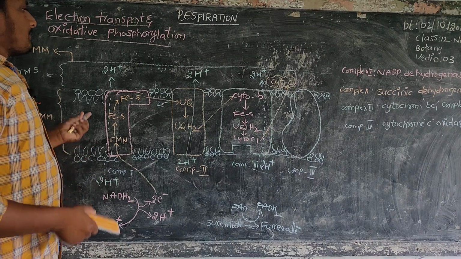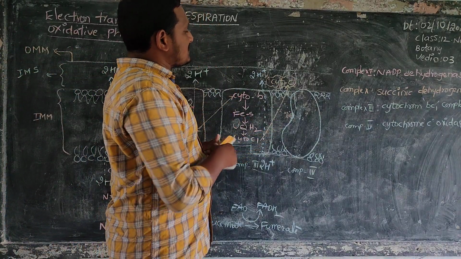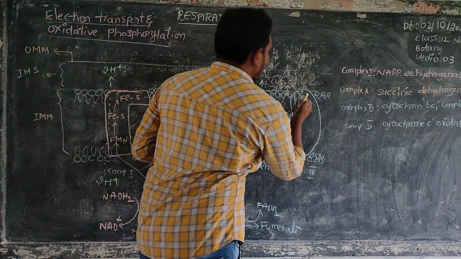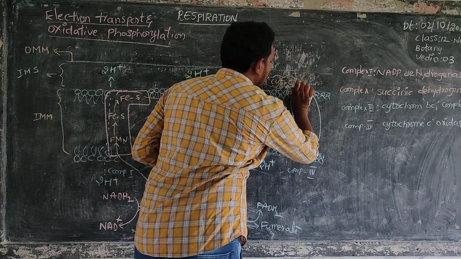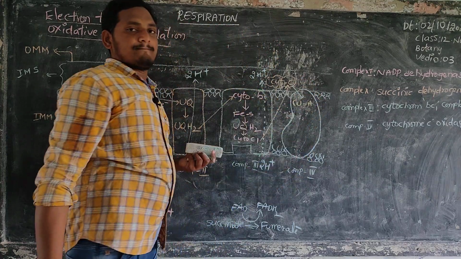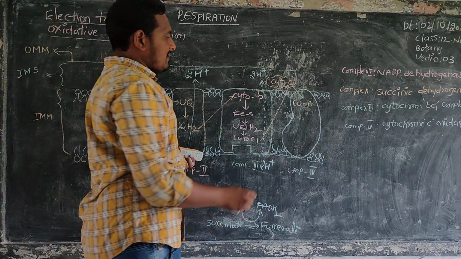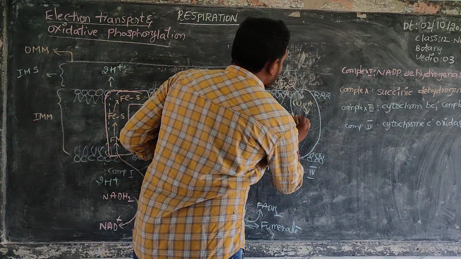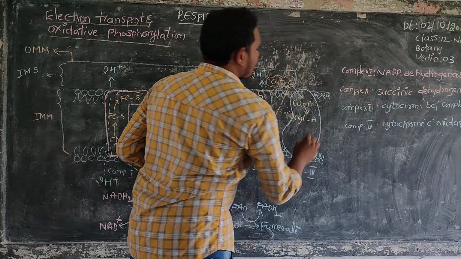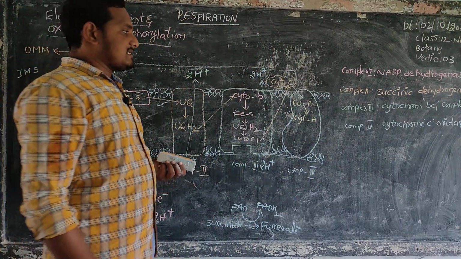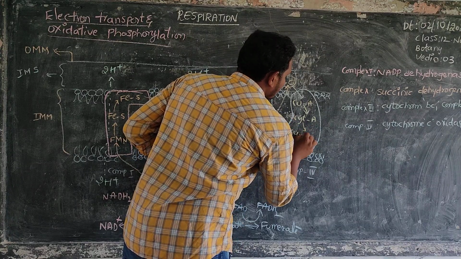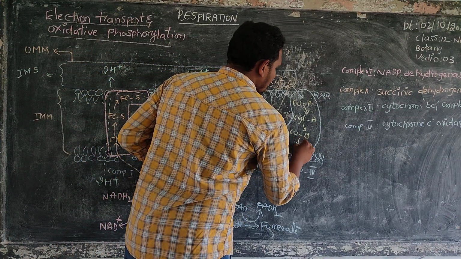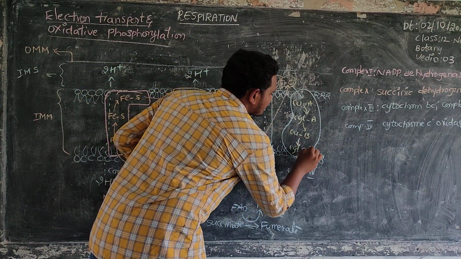So next, cytochrome C sends these electrons to copper ion type A. Copper ion type A sends these electrons to cytochrome A. Cytochrome A sends these electrons to copper ion type B. Copper ion type B sends these electrons to cytochrome A3.